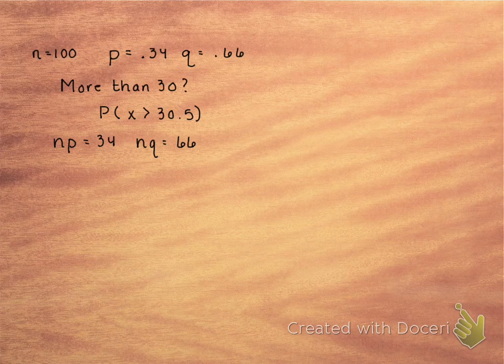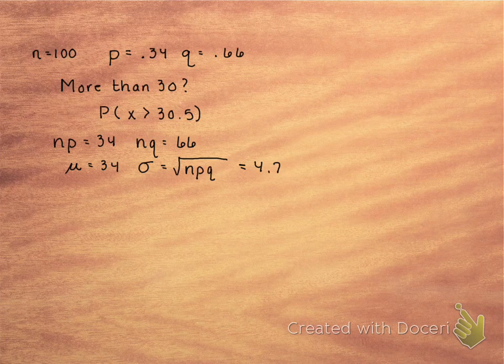So yes, we can use a normal approximation to this binomial distribution, okay? And because of that, we know that the mean is 34, and the standard deviation, multiplying N times P times Q, gives us a standard deviation of 4.7.